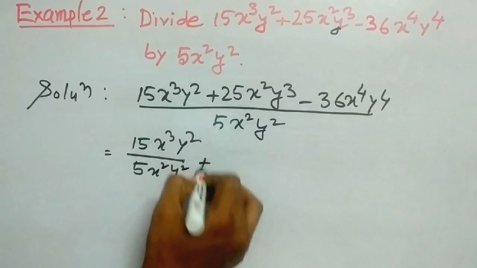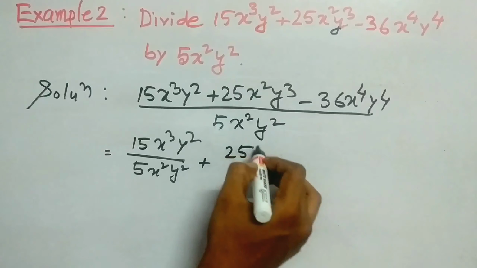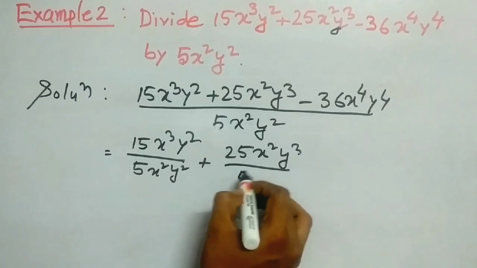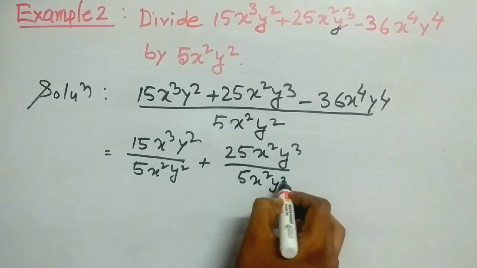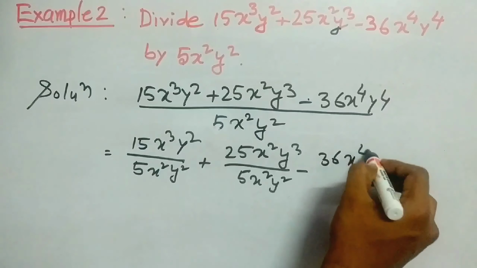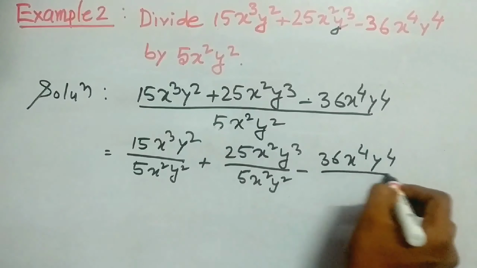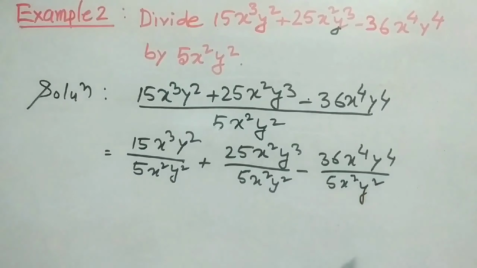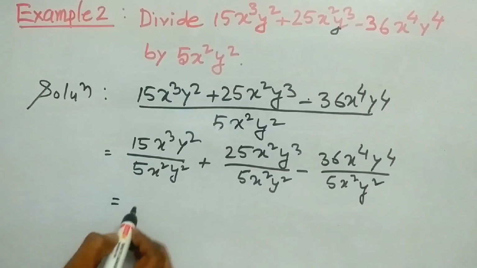This plus will come here, so 25x square y cube divided by 5x square y square. This minus will come here, 36x to the power 4 y to the power 4 divided by 5x square y square. Now next what?